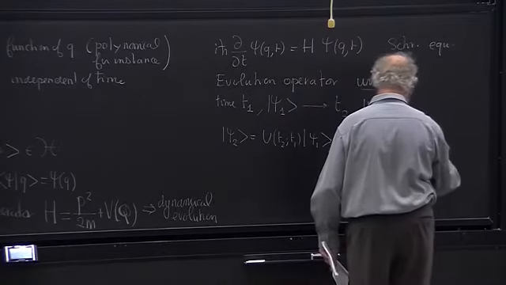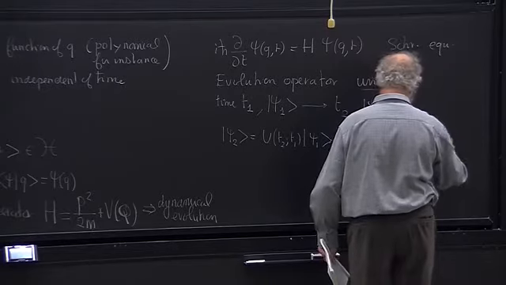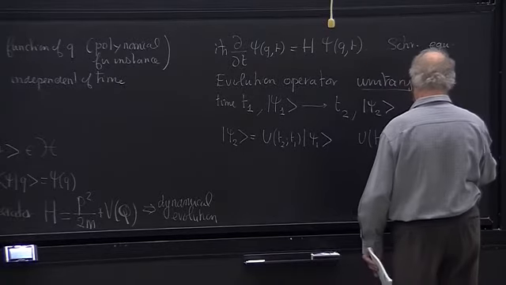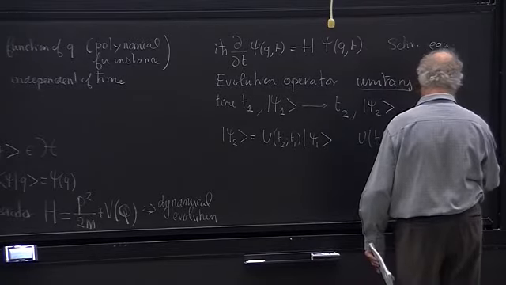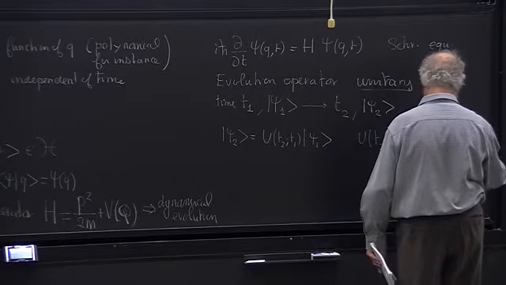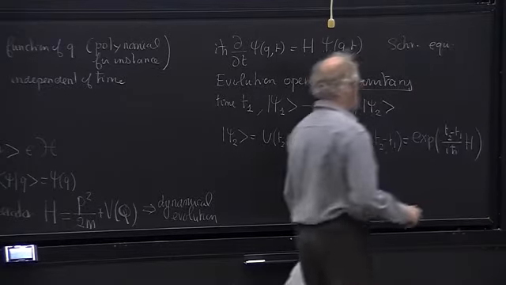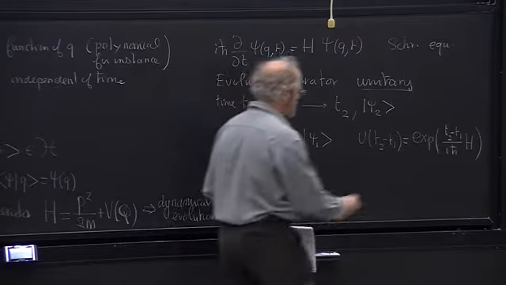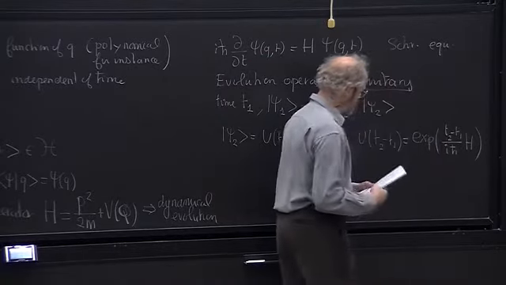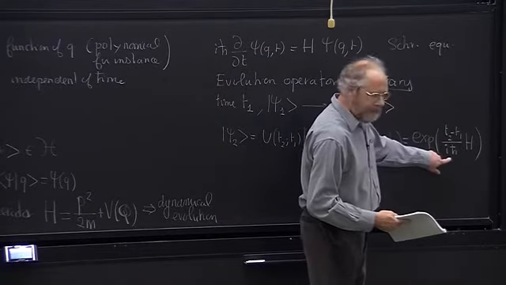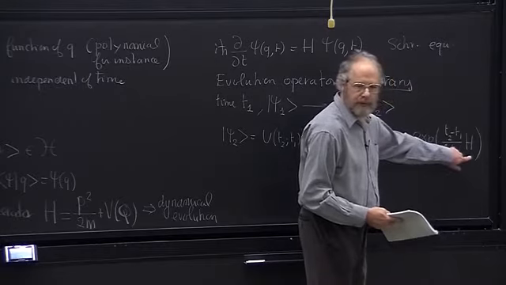This is the exponential of t2 minus t1 divided by i h bar times the Hamiltonian. So it's the exponential of a phase factor times the Hamiltonian.